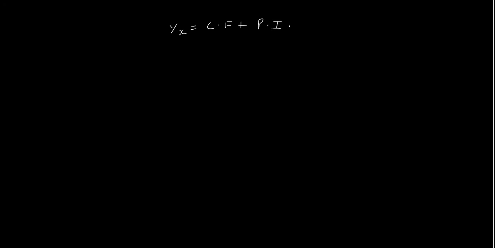How do we find the complementary function? We were able to find the value of the particular integral. The value of the particular integral becomes minus 2 to the power x.